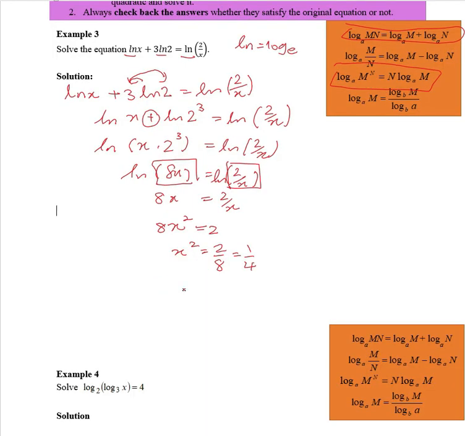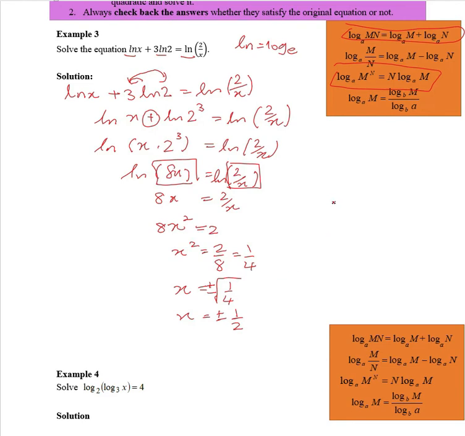To solve for x, you have to bring this power 2 to the right side, so it's going to be a square root. Remember, in front of square root there must be a plus and minus sign. So square root of 1 over 4 is just 1 over 2. So we have two answers for x.